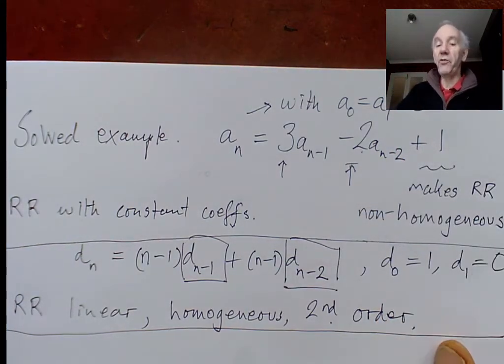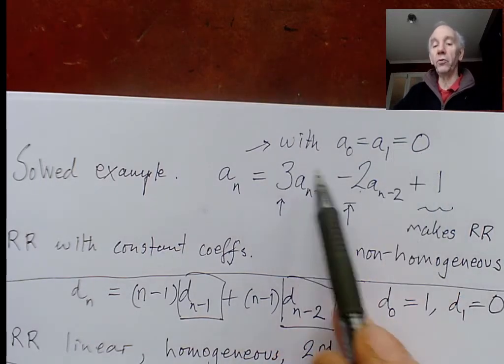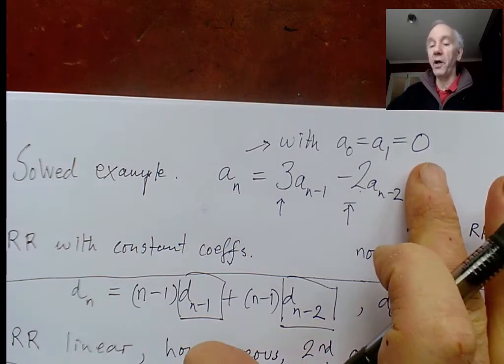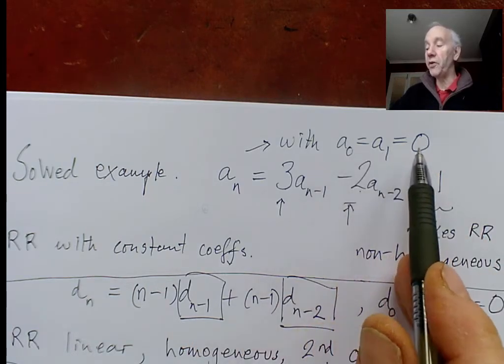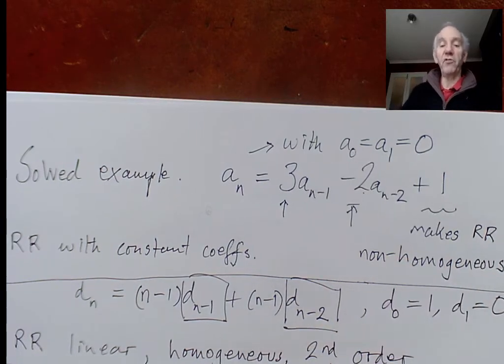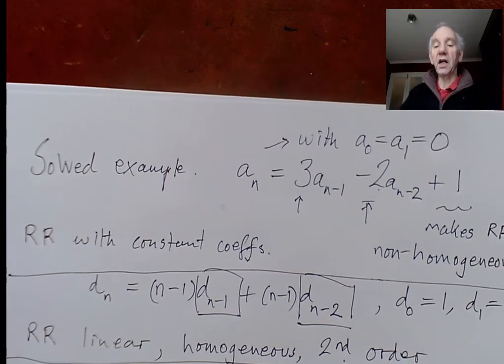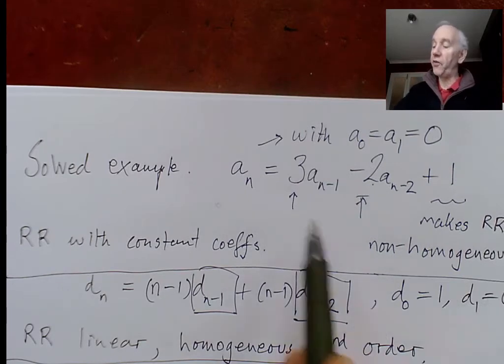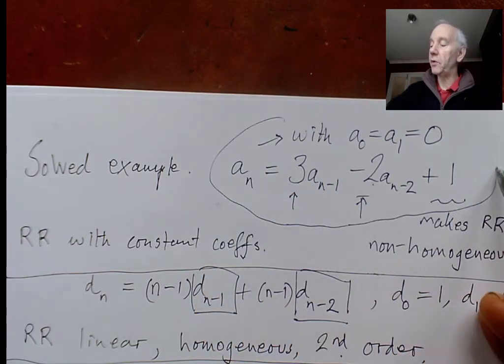Because this is non-homogeneous, setting the first two terms equal to 0 will not force all the terms to be 0. It would if there were no extra term, but since there's a plus 1, we'll see that the solution is not completely 0. Okay, so that is our problem. We need to solve this recurrence relation with these initial conditions.